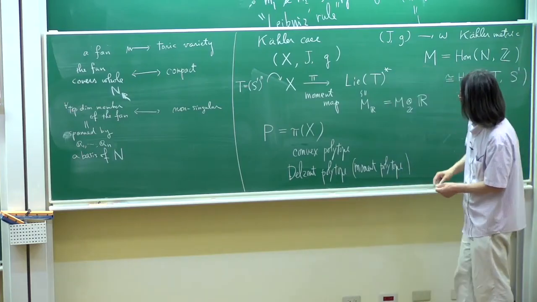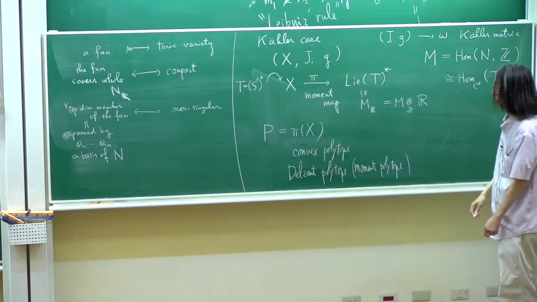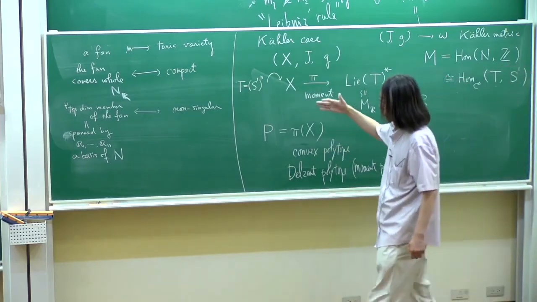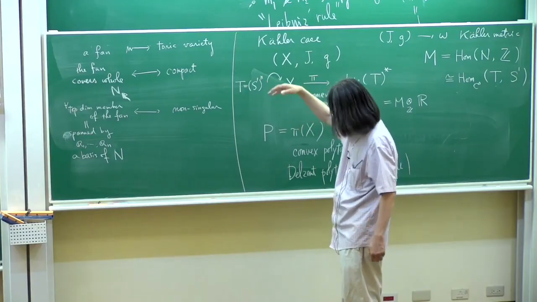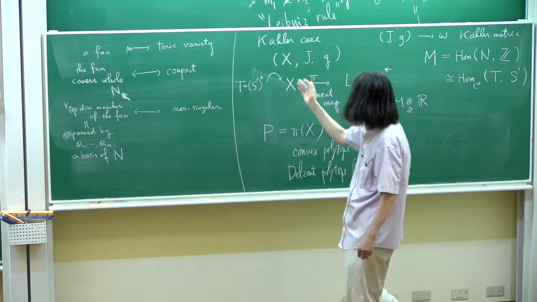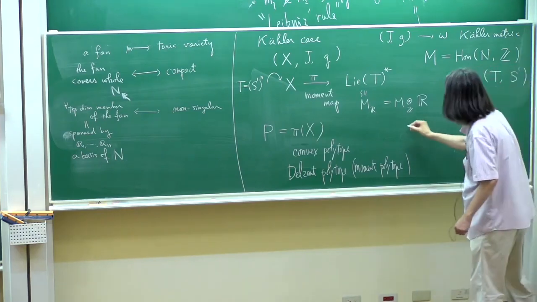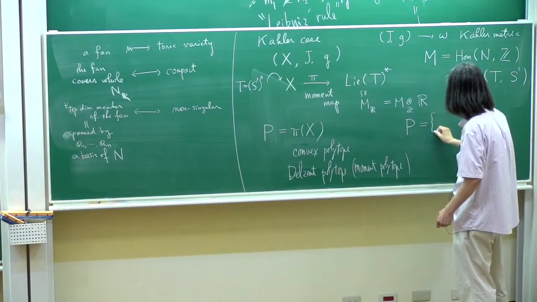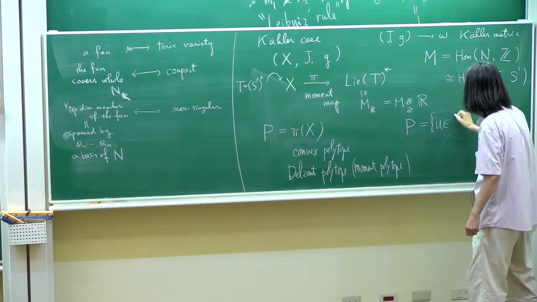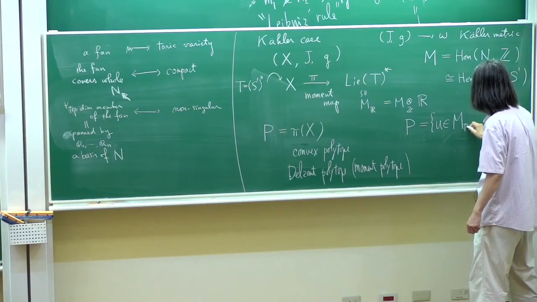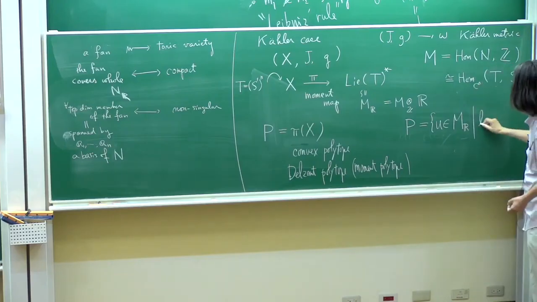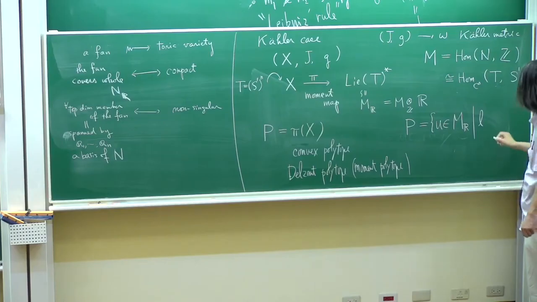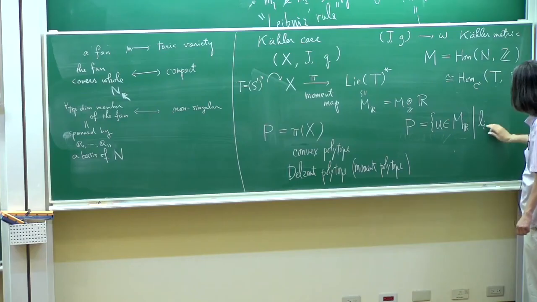So P is a convex polytope, therefore it is defined by a collection of affine inequalities. So in fact, P is written as follows: u in M_R such that there are some integral affine functions L_j of u.